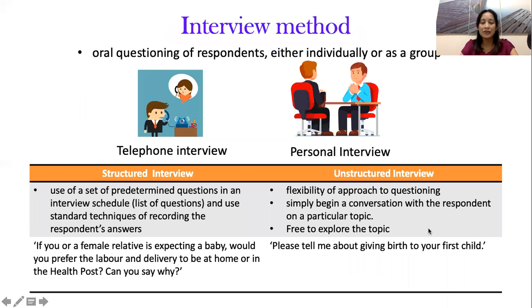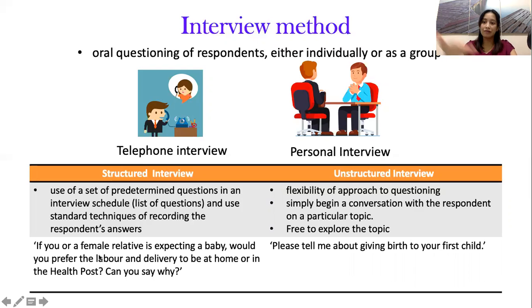The interview method is also another technique of primary data collection, where you can question respondents individually or as a group. So you can have telephone interviews, personal interviews. Usually you have two kinds: structured and unstructured. Structured, you have already a set of predetermined questions in an interview, and you use standard techniques of recording the respondent's answer.